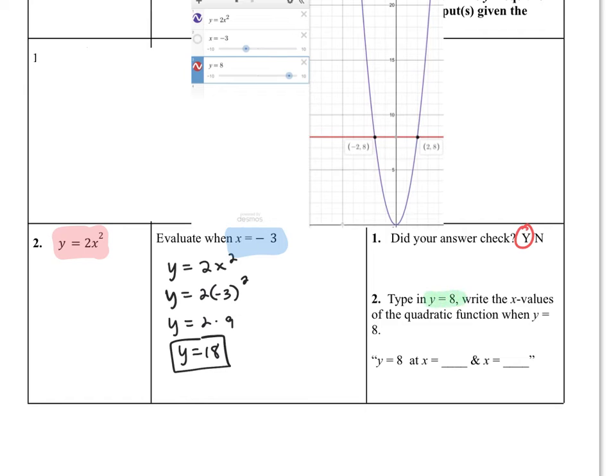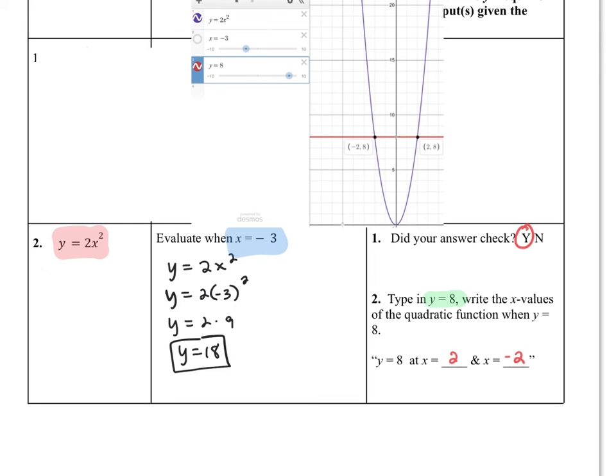And this created a horizontal line, which is this red line right here. The difference this time is the red line and the parabola actually intersect twice. I tapped those 2 points of intersection just to see what the ordered pairs were. You can see both of these ordered pairs have a y coordinate of 8, but there are 2 different x coordinates. So that means x could equal negative 2 or x could equal 2 in order to make y equal 8.